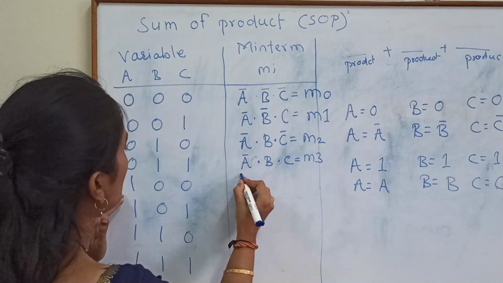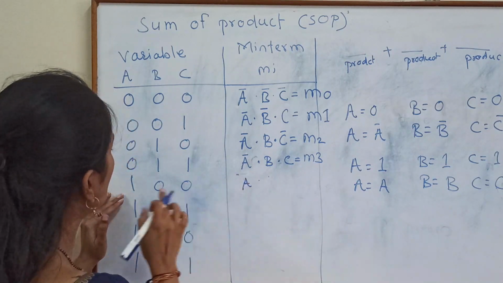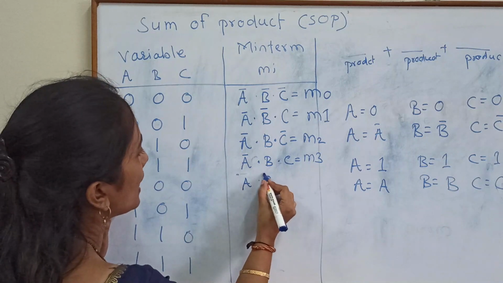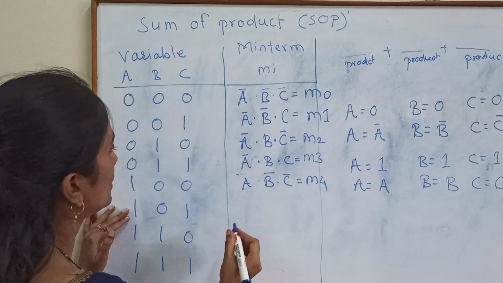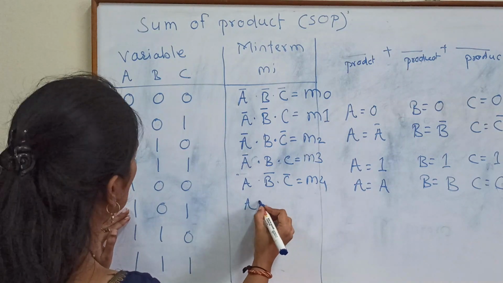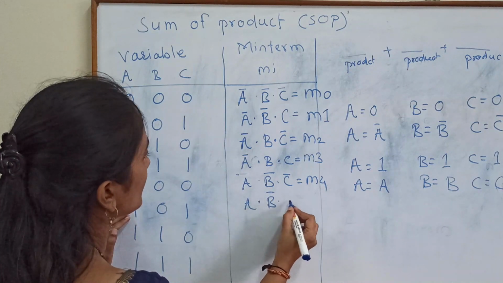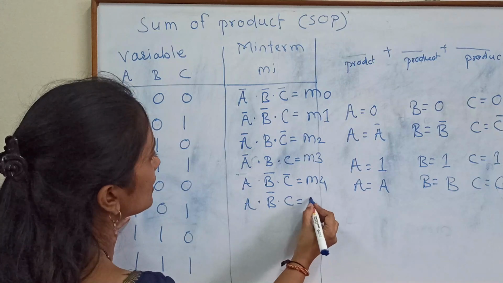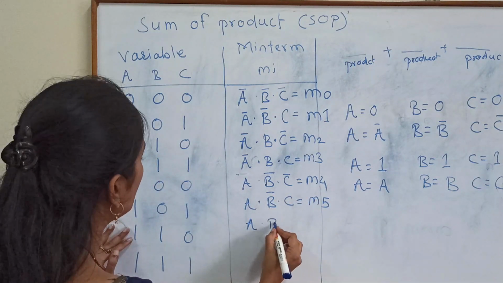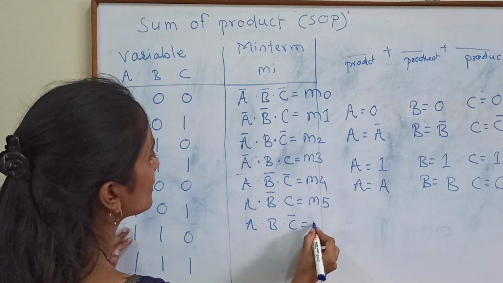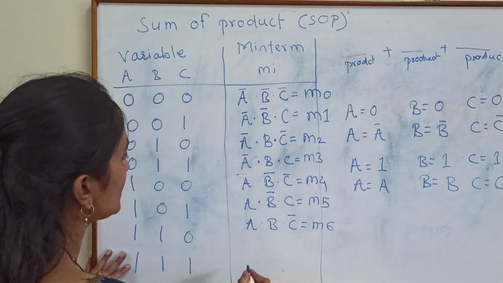Again A is equal to 1, B bar into C bar. M4. A into B bar into C, that is equal to M5. A into B into C bar, that is equal to M6.